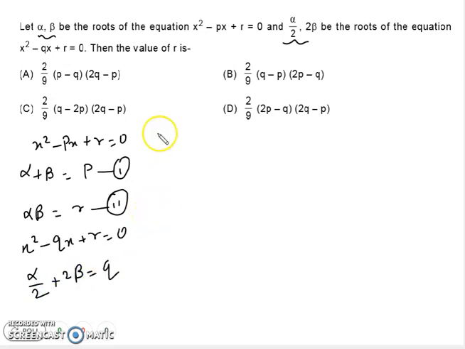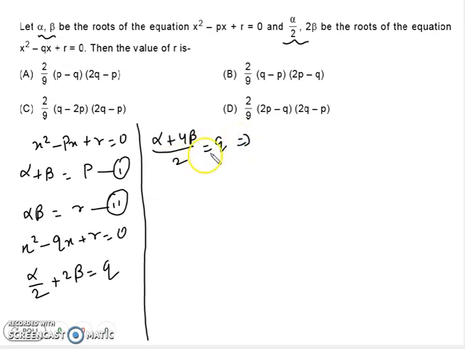After adding, we can write alpha plus 4 beta divided by 2 is equal to q. Are you getting my points? After cross multiplication, alpha plus 4 beta is equal to 2q. This is the third equation.